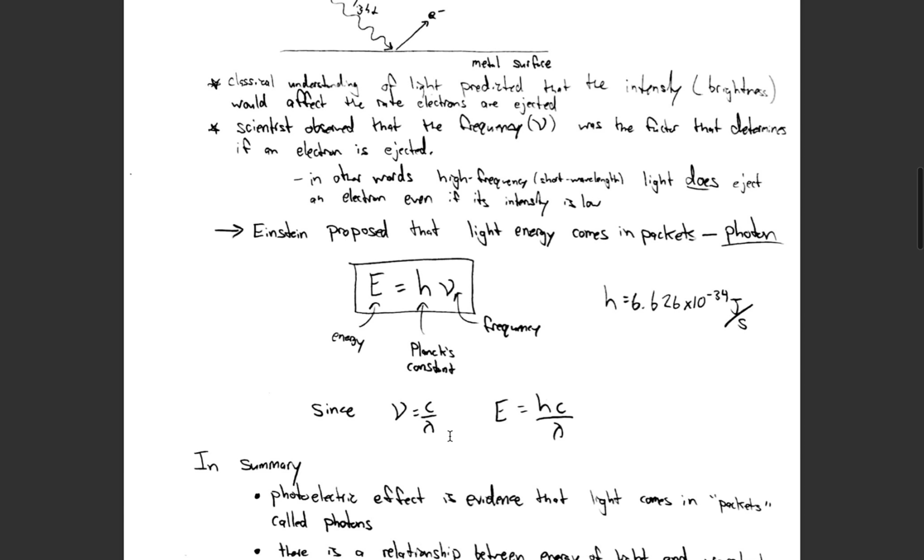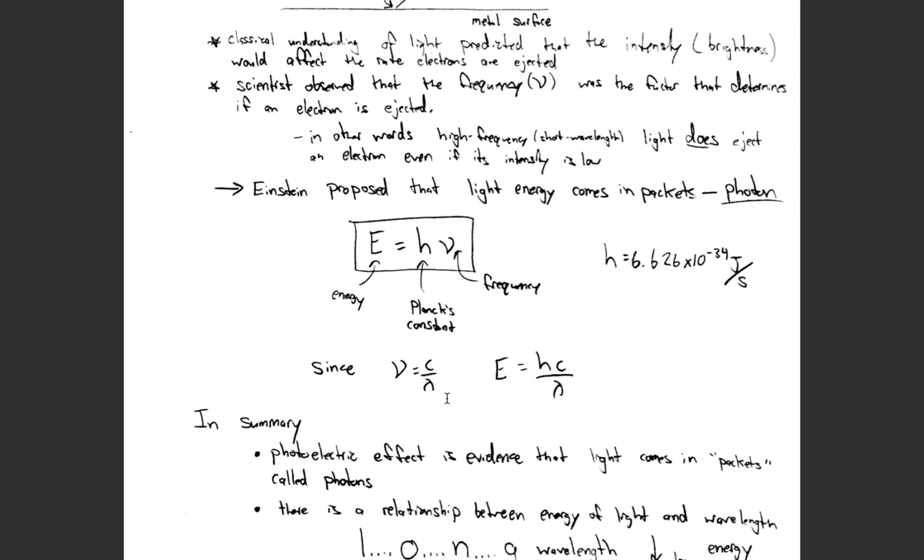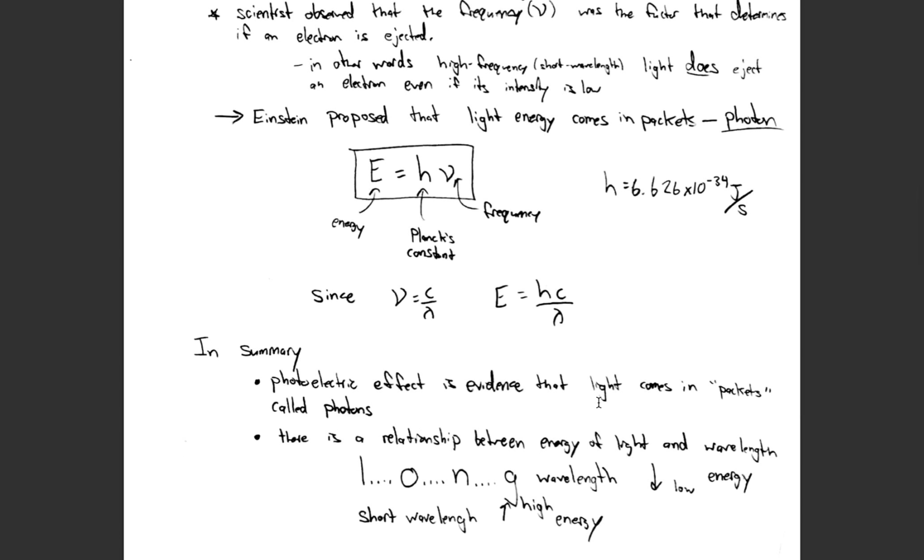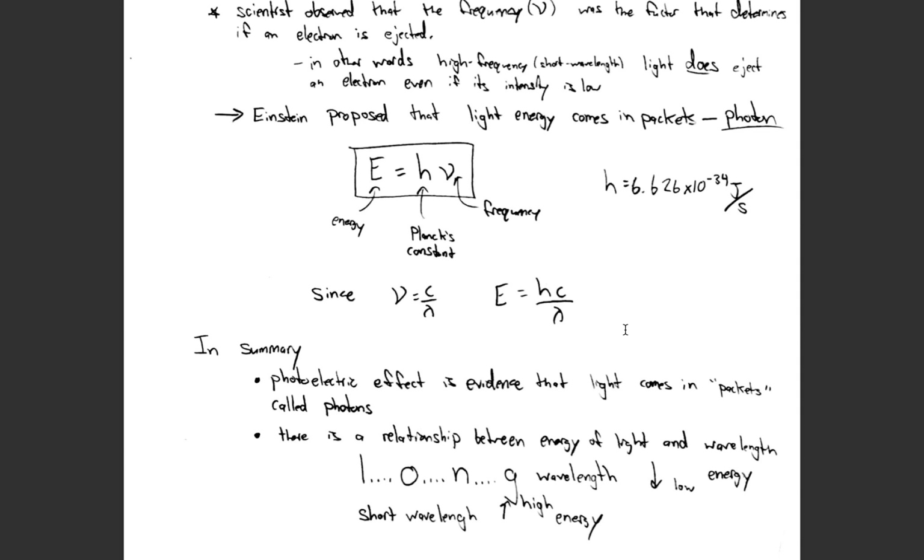Well, if we do a little mathematical substitution and we plug in c over lambda in the place of frequency, the new equation is energy is equal to Planck's constant times the speed of light divided by wavelength. In other words, we have a relationship between energy and wavelength of light.